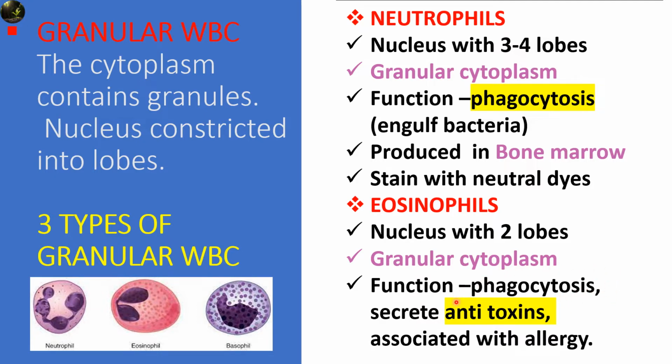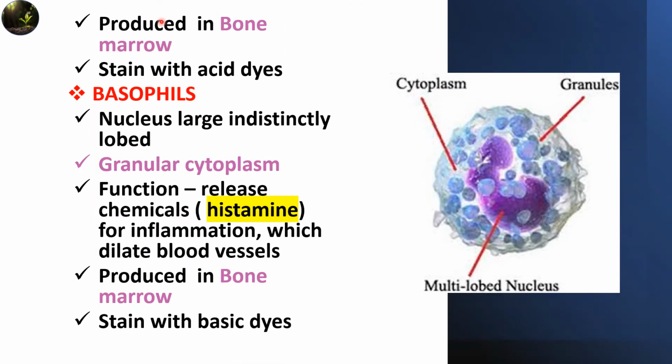Some WBCs have other functions; especially eosinophils secrete antitoxins associated with allergy. The other features of eosinophil: it is produced in bone marrow and stained with acid dyes.